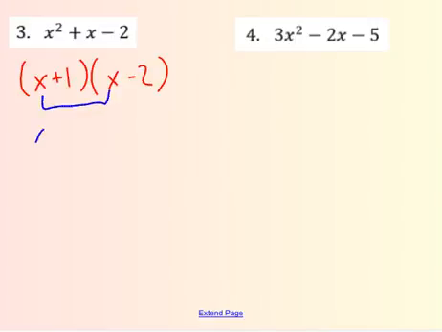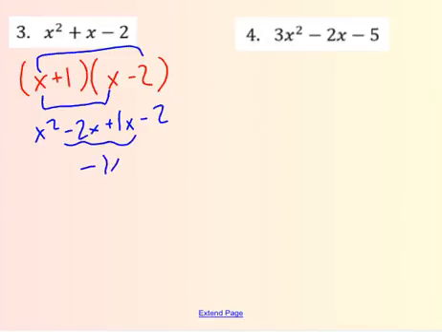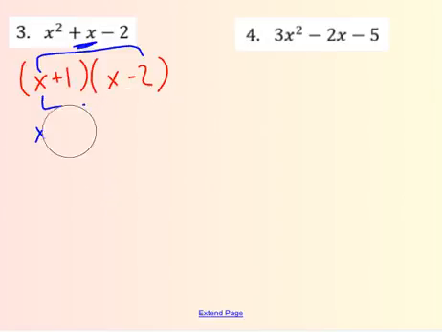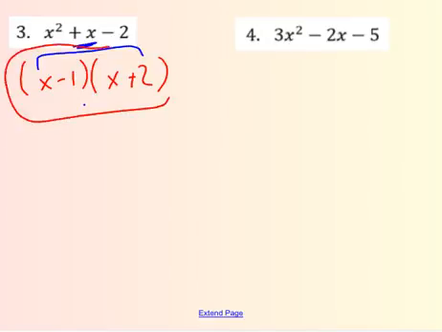So this is x squared, but this is minus 2x plus 1x minus 2. This is going to result in a negative 1x. I have a positive, so we have to switch. So we're just going to go back here, get rid of this. It has to be a negative 1 and a positive 2. X minus 1, x plus 2. Done. This is correct. So we are just guessing and checking on this video.